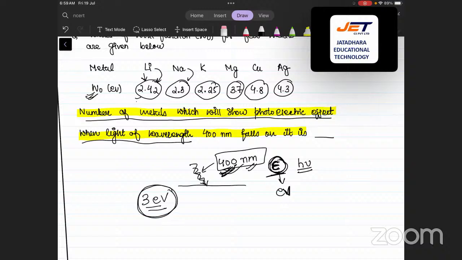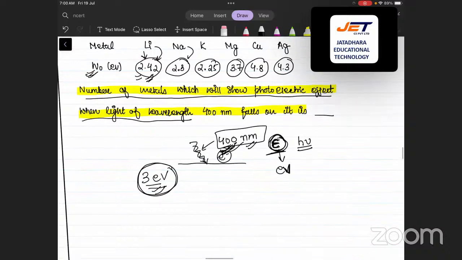The threshold energy for lithium is 2.42, which is lesser than 3 electron volt, so of course the electrons will be ejected. This much energy will be used for ejection of the electron, and the rest will be used for increasing the speed of the electron.